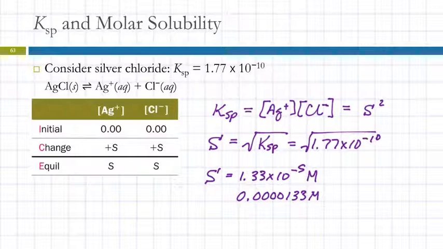For most purposes, no. You can't make a 0.01 molar solution of silver chloride because it won't dissolve. Is it absolutely insoluble? No. A little bit dissolves, but it's not enough to be significant most of the time. Any questions?